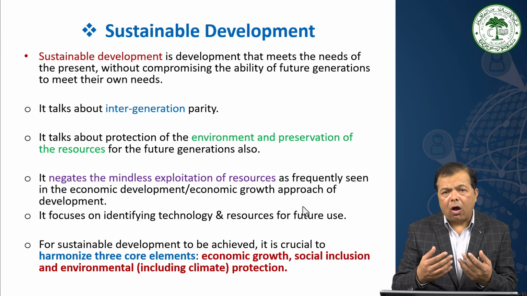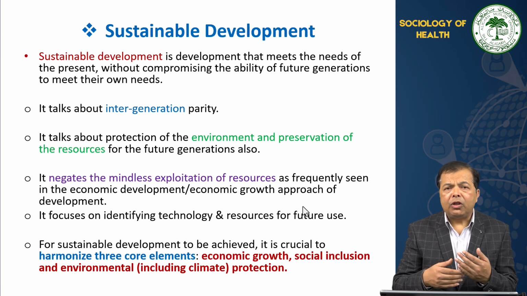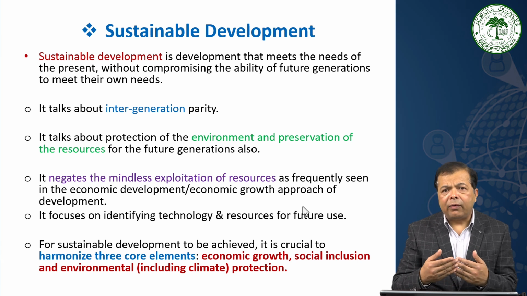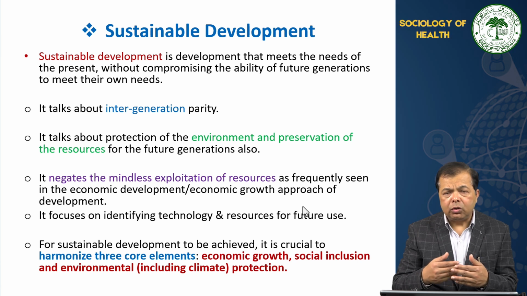That means it talks about understanding which resources are finite and which are infinite. And if there are finite, limited resources, then we should not overuse them. We should keep them for the future generations also. That is point number 1.